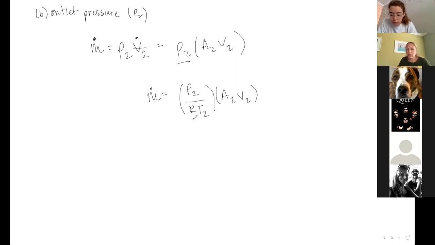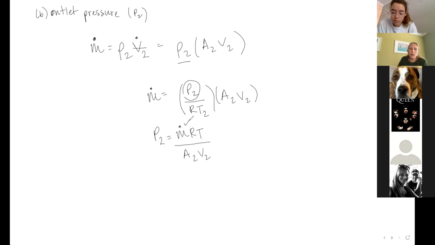And if we rearrange this to isolate for this pressure term, this looks a lot like the ideal gas law divided by our volumetric flow rate, which would just be our mass flow rate times RT divided by our area and our average velocity.